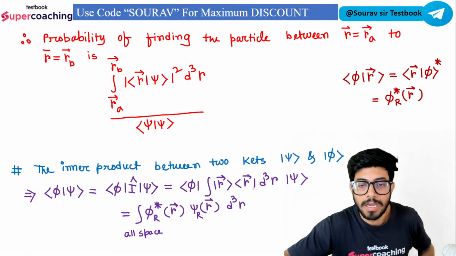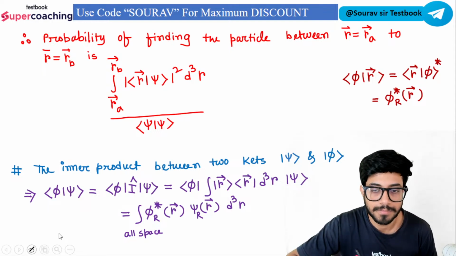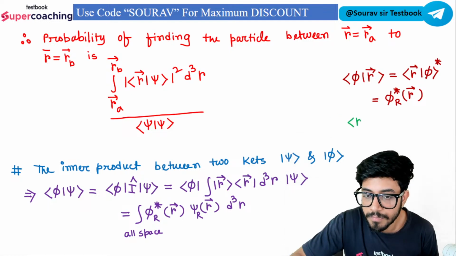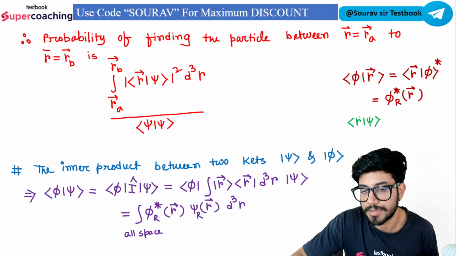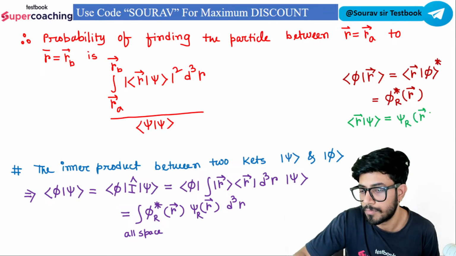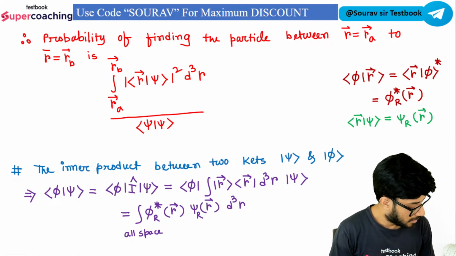That's all. And of course, r psi equals psi of r. So from here it's very simple.